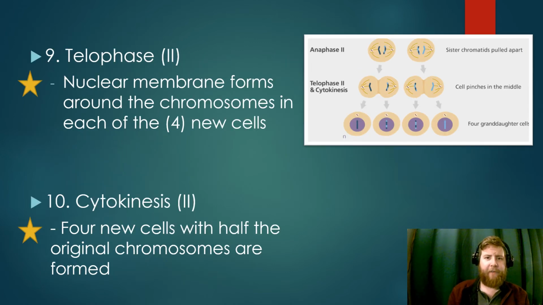In telophase 2, the nuclear membrane forms around the chromosomes of the 4 new cells, and then in cytokinesis, these cells chop in half, and we get 4 cells at the end of this. And these 4 cells are all 1N, or they have half of the chromosomes. So all of these have 23 chromosomes that have been randomly chosen from mom and dad.